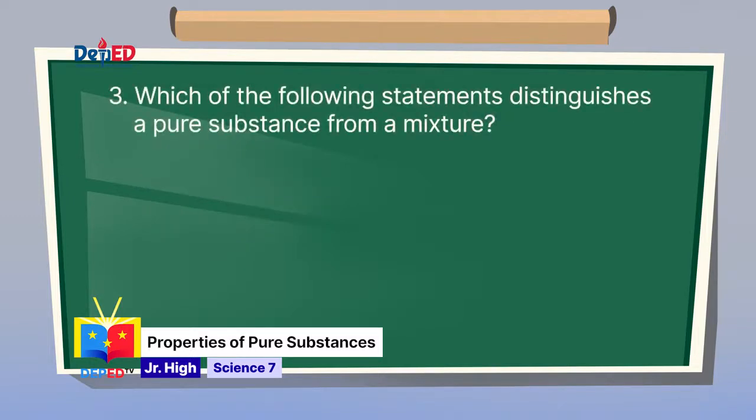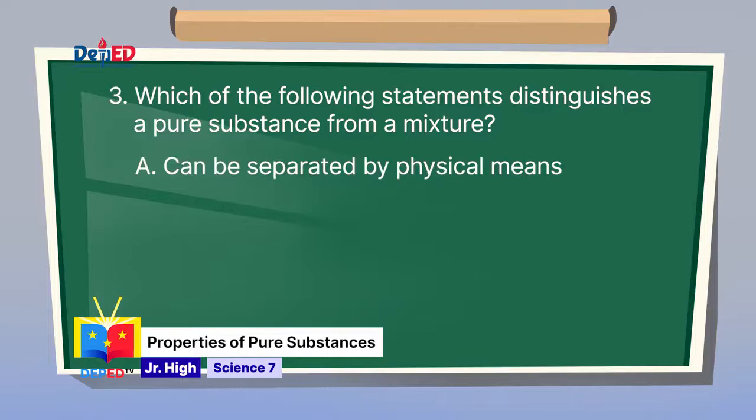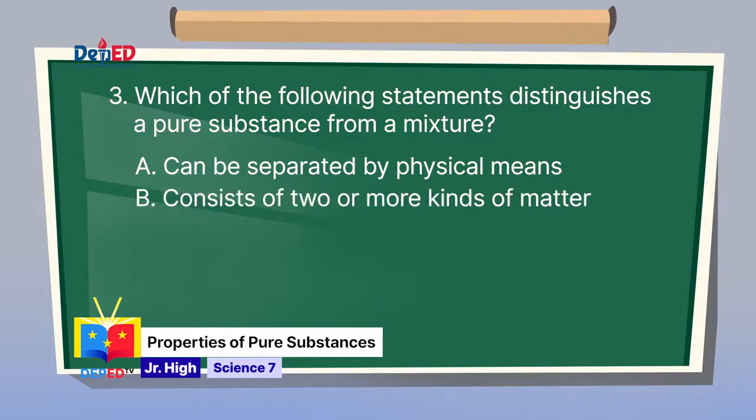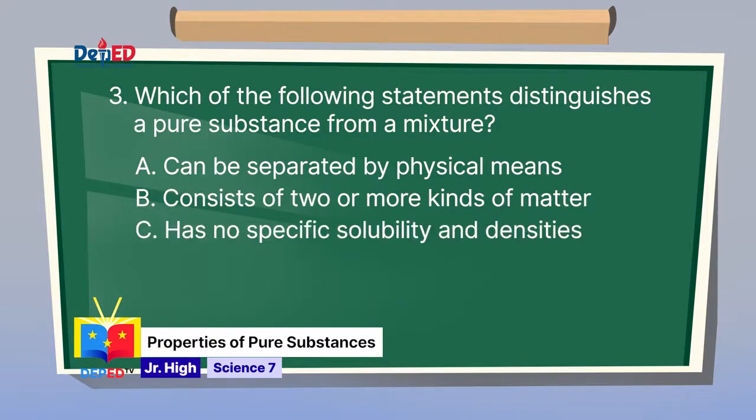Number 3. Which of the following statements distinguishes pure substance from mixture? A. Can be separated by physical means. B. Consists of two or more kinds of matter. C. Have no specific solubility and densities.